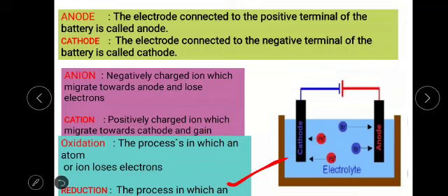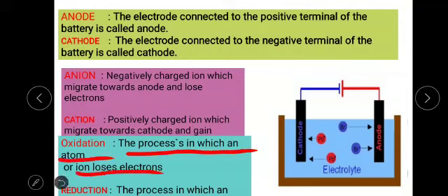The definition is somewhat incomplete here because of some page setup problem, but the definition I have written is the same way. The process in which an atom or ion loses electrons is called oxidation. For reduction, the process in which an atom or ion, instead of lose, the word will be gain. That is the only difference.